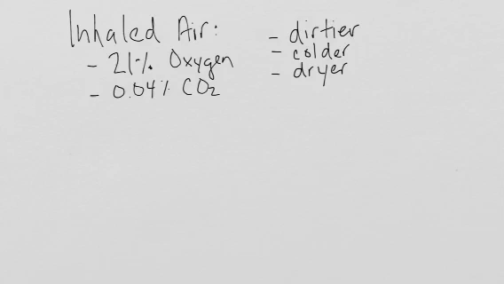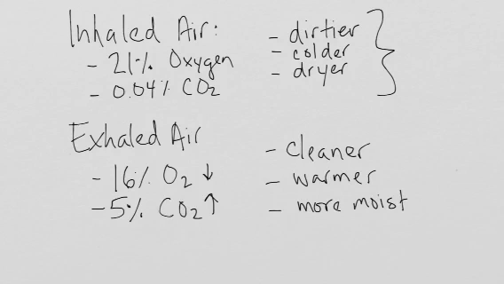And then exhaled air has a very different mixture. But what's surprising is that when you exhale, there's still a very large amount of oxygen in the air you exhale. That's why things like artificial respiration in CPR are as successful as they are.